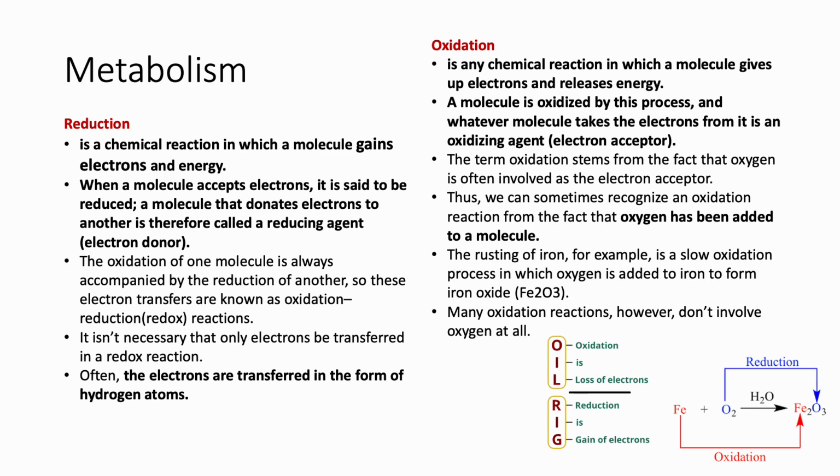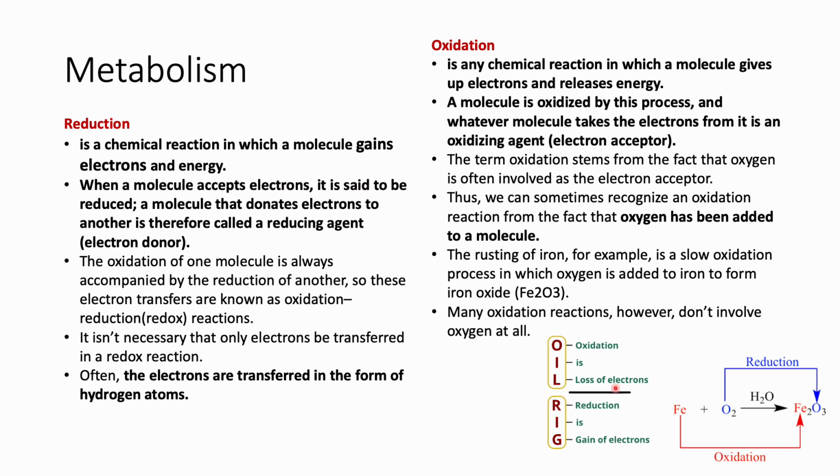All right? We also have reduction reactions and oxidation reactions. Reduction is a chemical reaction in which a molecule gains electrons and therefore it also gains energy. When a molecule accepts electrons, it is said to be reduced.